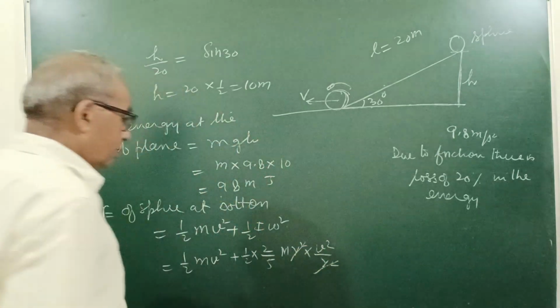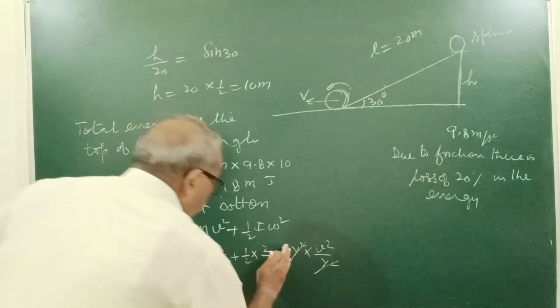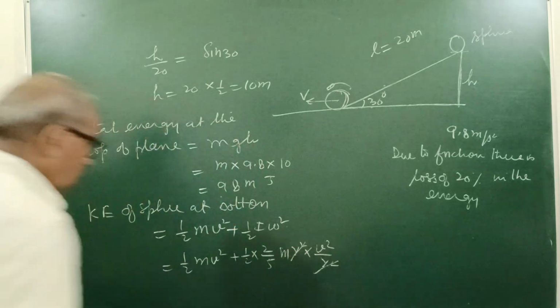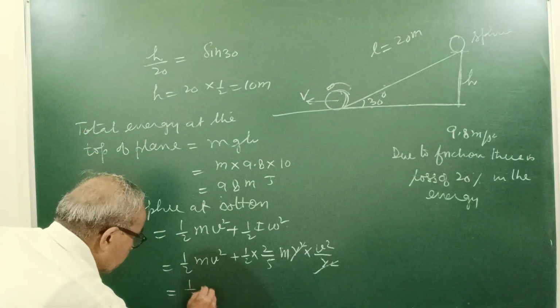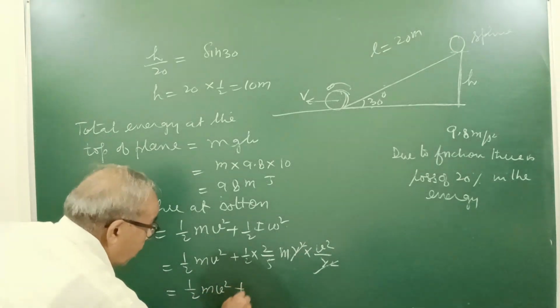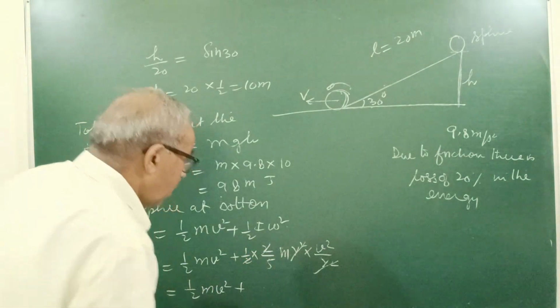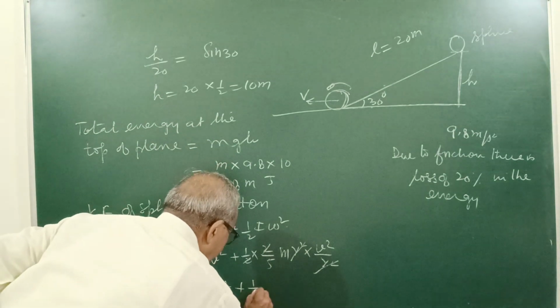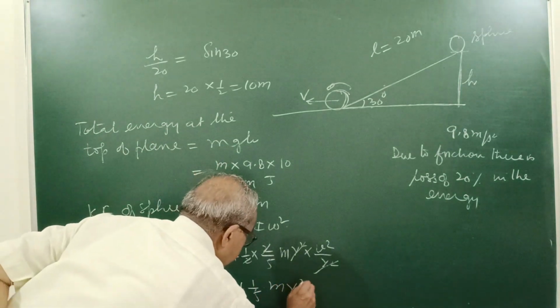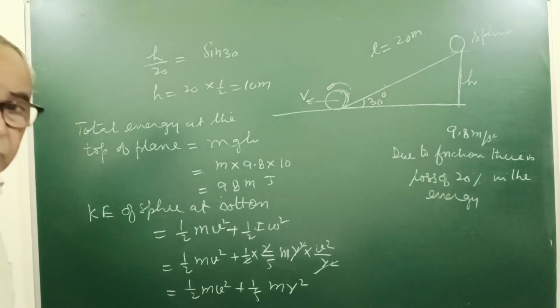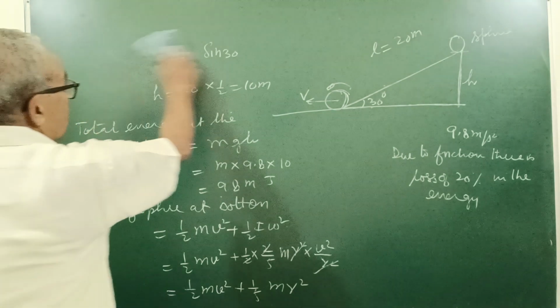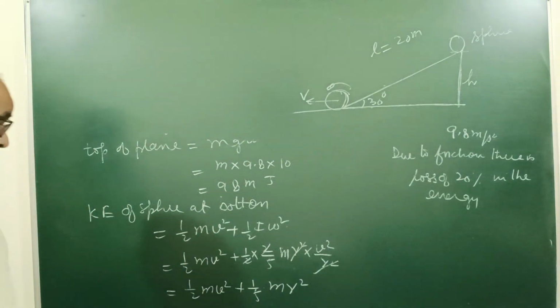So this cancels. So how much m is there? It is half mv square plus, these two cancel, 1/5 mv square. So how much is this total? You can solve it now.